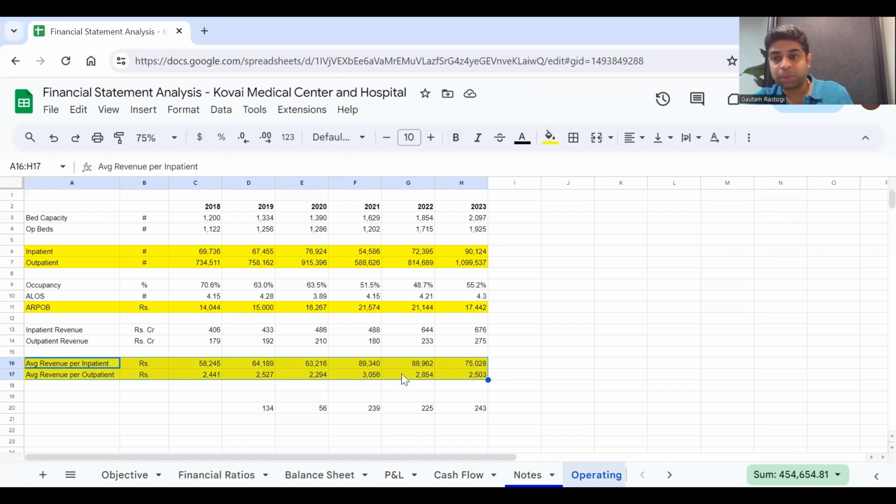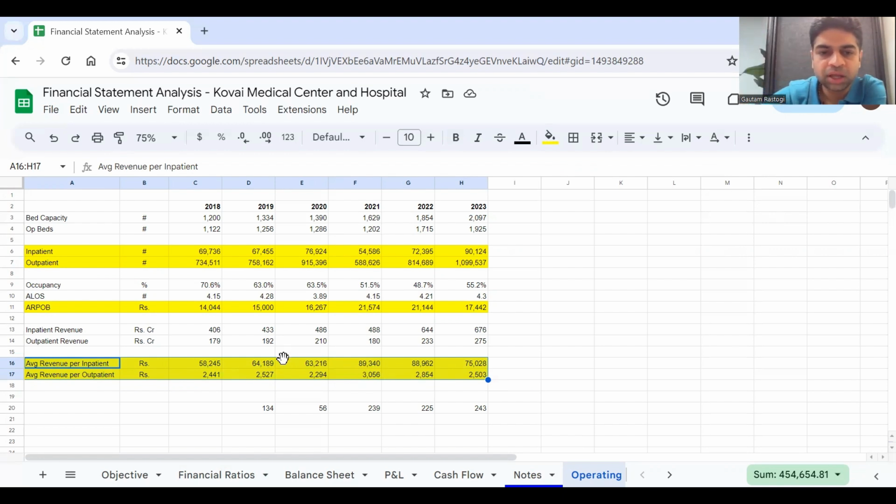But what we know is the gross margin has been increasing. So what it means is the cost to provide a service has reduced as well. Although the realization increased, perhaps the cost to provide a service reduced even further. That's what it means.